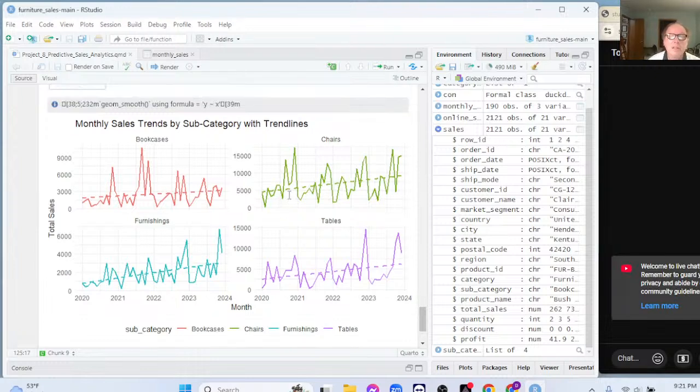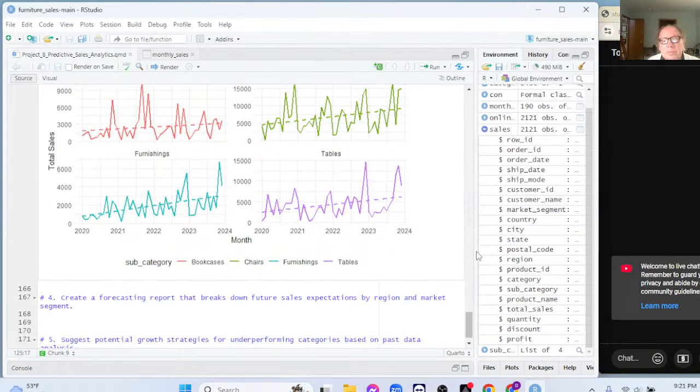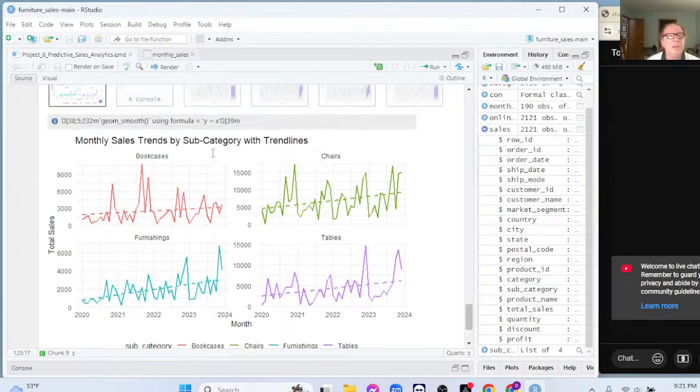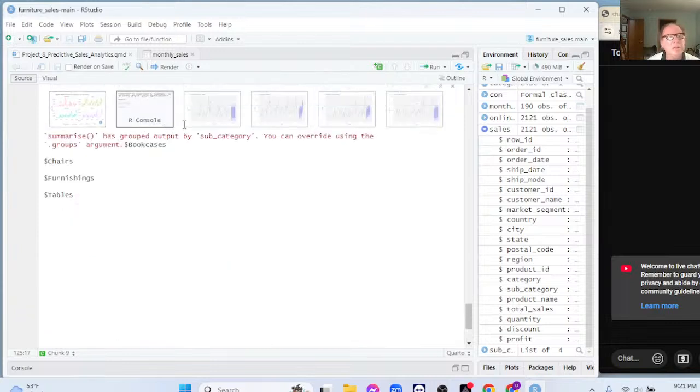Very nice indeed. So we are projecting a slight upward trend, a slight increase in chairs, tables, and even furniture. Okay, let's come back up here.